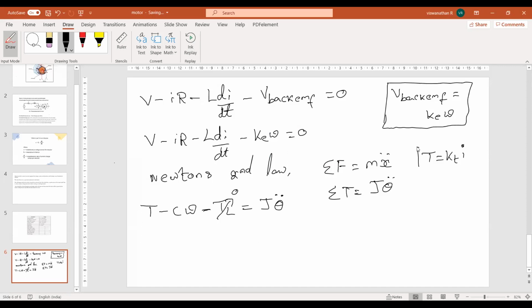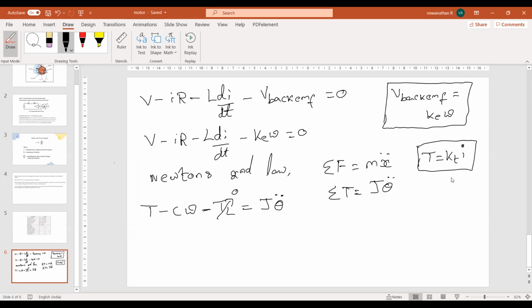So this also needs to be written: the back EMF voltage is equal to the back EMF constant multiplied by the angular velocity. So the torque is equal to kT times I, where kT is the torque constant and I is the current.